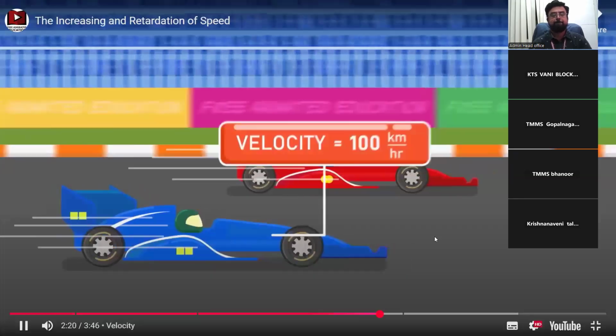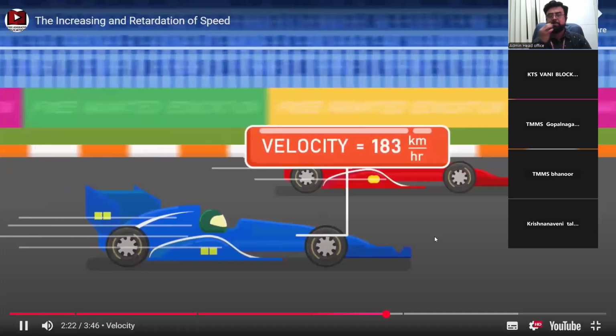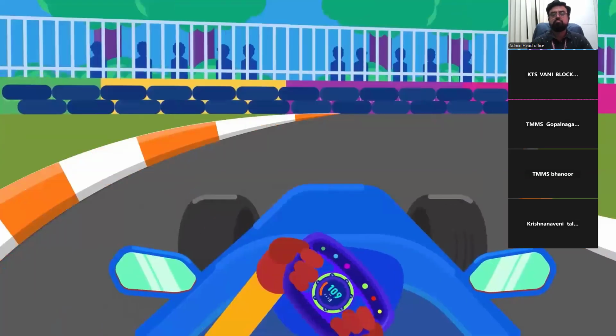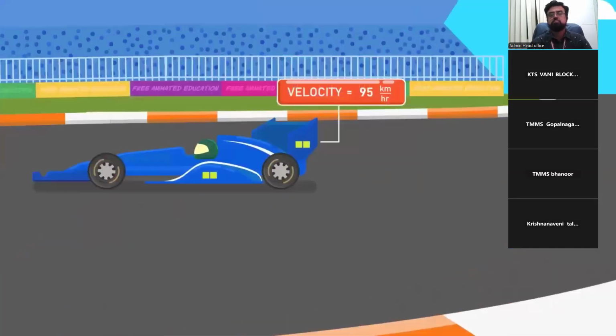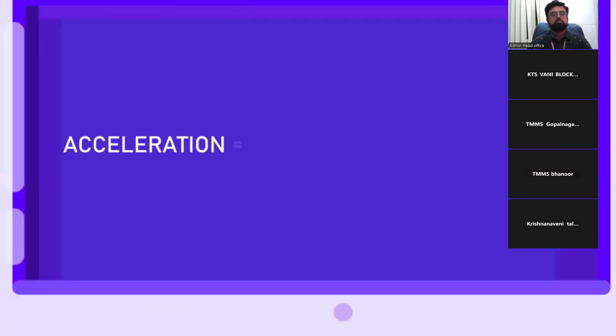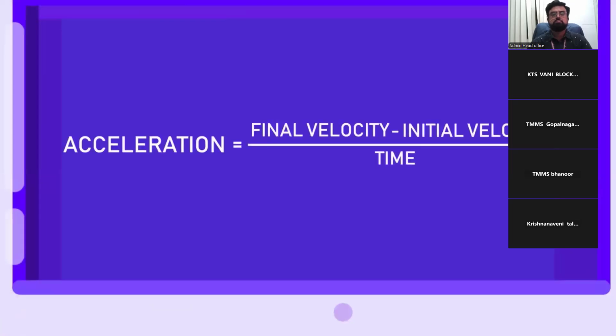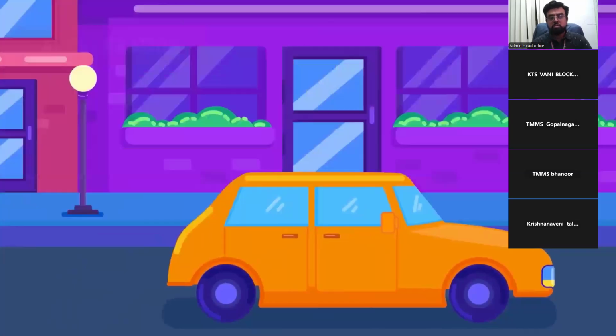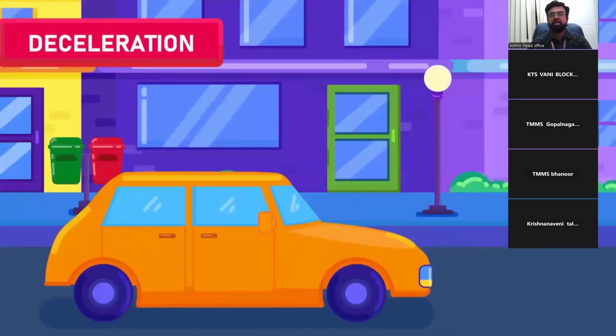A body is said to be in acceleration if its velocity is changing. As velocity is a vector quantity, the change can be in the magnitude or in the direction of the movement. Thus, we can say acceleration is the rate of change of velocity. If the velocity is increasing, we call it acceleration. When the velocity is decreasing, we call it deceleration or retardation.